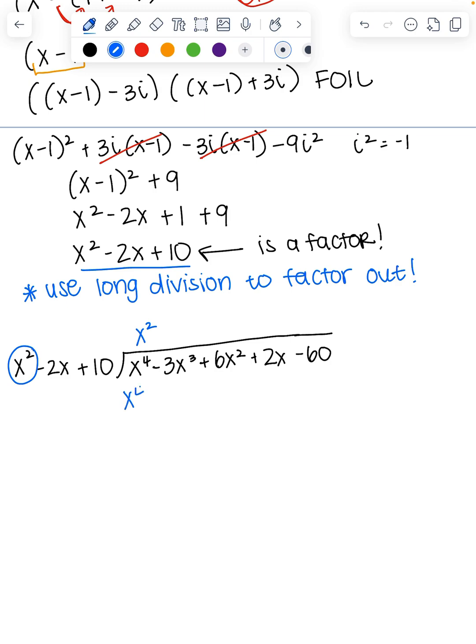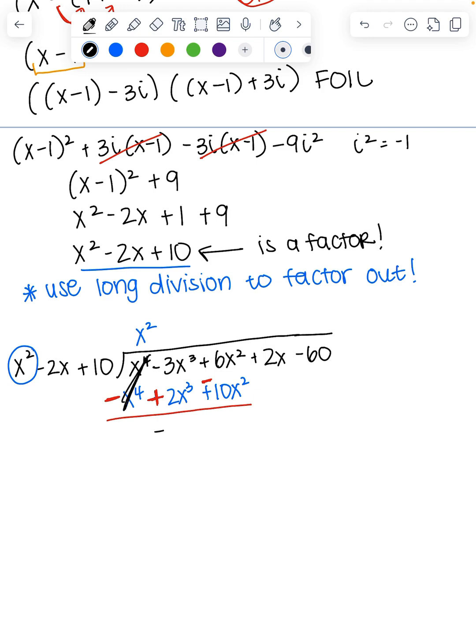So I have x to the power of 4 minus 2x cubed plus 10x squared. Remember, you have to go through and change all the signs. So this is negative, positive, negative. Okay, what I get is canceling here.